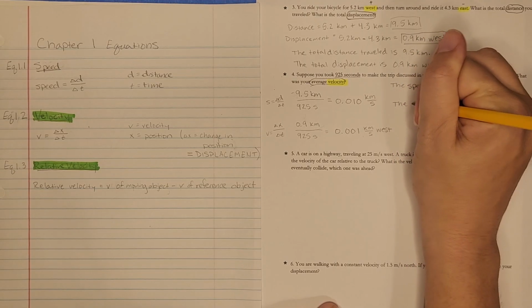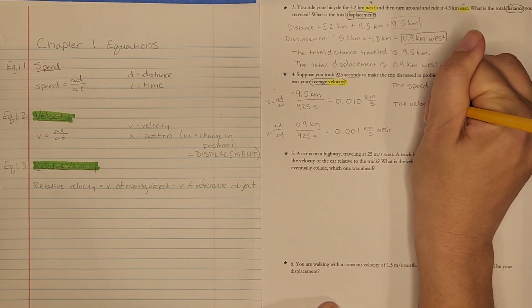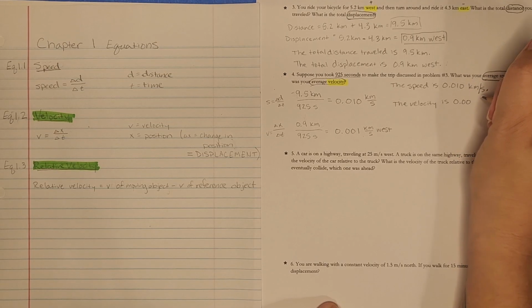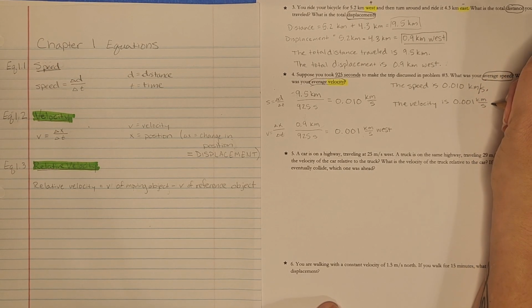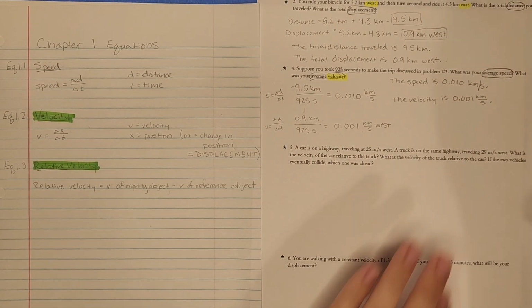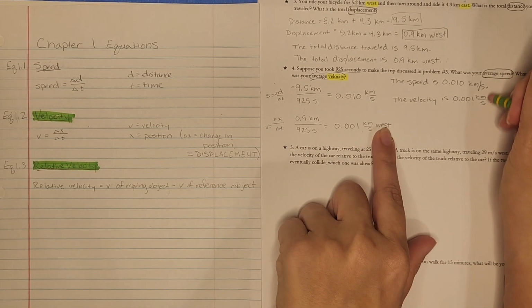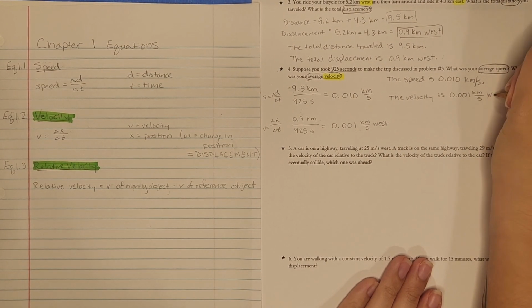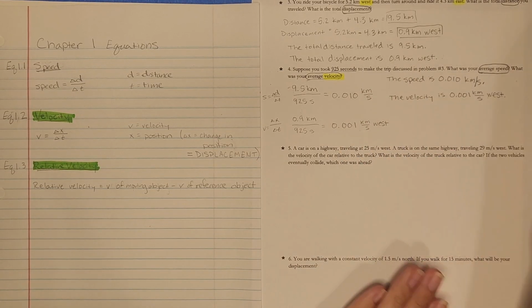And so the velocity is 0.001 kilometers per second. Oh, and I didn't even write what I was supposed to put here. Make sure you do that. Okay. West.